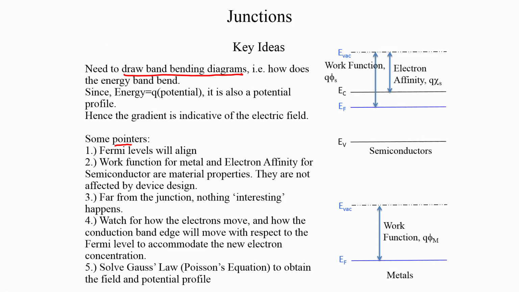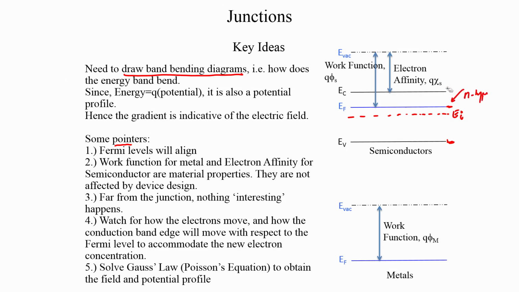So the first thing is, let us take a semiconductor. You are all familiar with the conduction band edge, the valence band edge, and the location of a Fermi level. The semiconductor will also have an intrinsic Fermi level position, which is the Fermi level when the semiconductor is pure. Here, as you can see, the Fermi level is offset and closer to the conduction band, which indicates that the semiconductor has been doped n type.